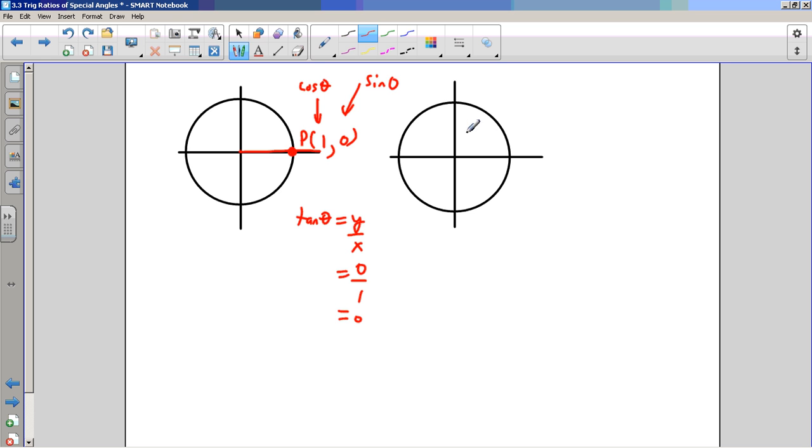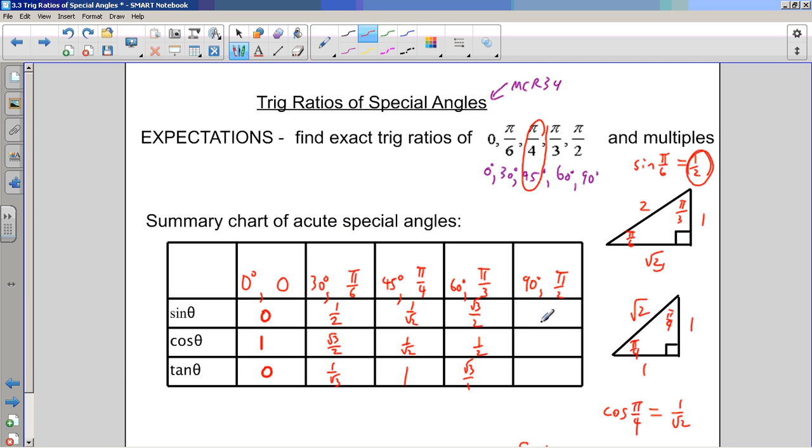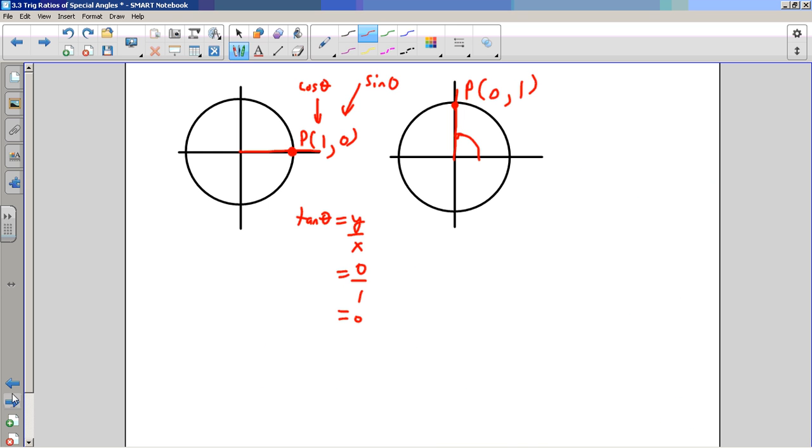What about a 90-degree angle? Well, there's a 90-degree angle. So where the terminal arm crosses the unit circle gives me the cosine and sine: the cosine is 0, and the sine is 1. And the tangent is kind of weird here because the tan of 90, no, not 90.